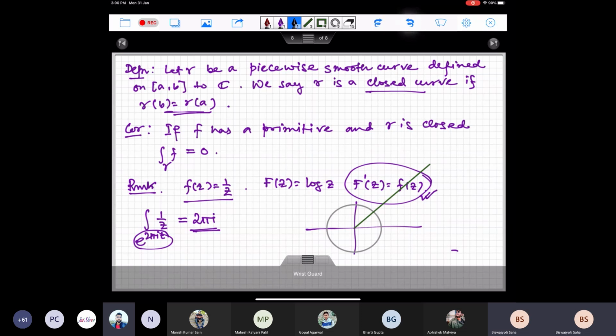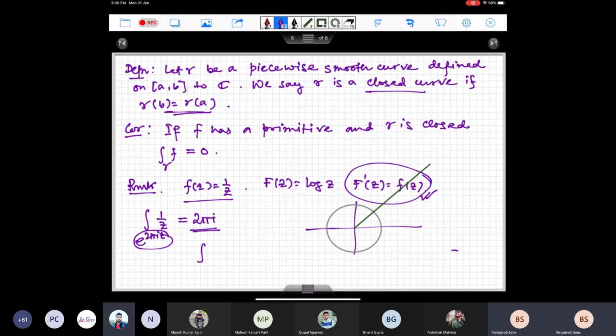So this is not equal to 0. There is a subtlety in this. In other cases it was becoming 0. For example, if you just take z power m, with m not equal to minus 1, then we integrated over e to the power 2 pi it, and we got 0, right? Correct?